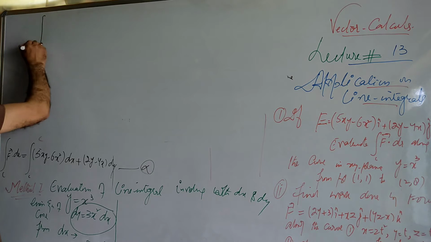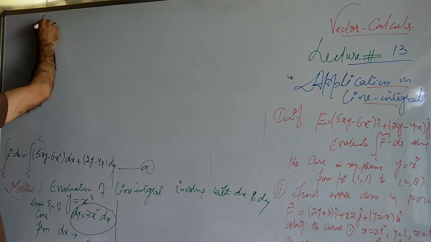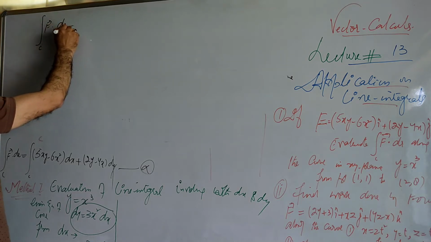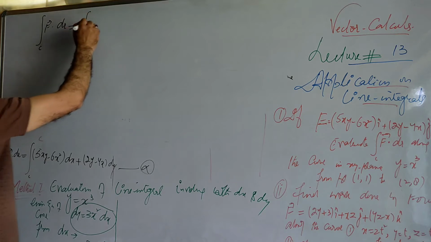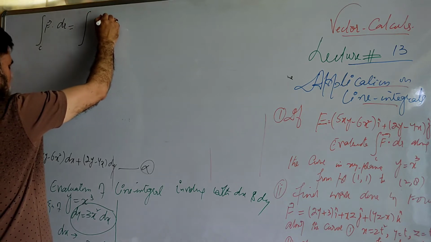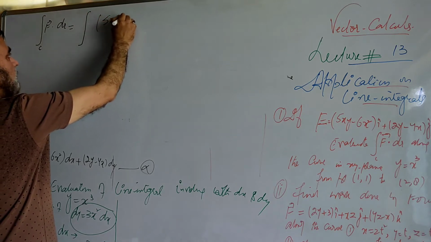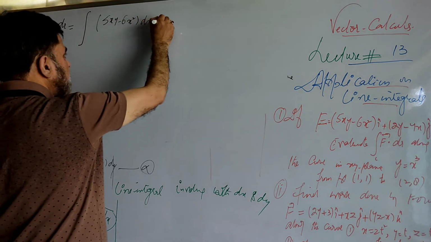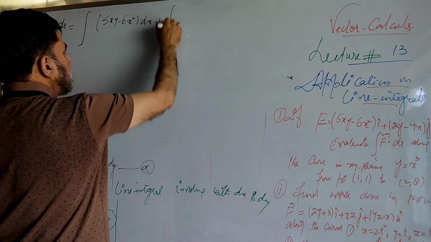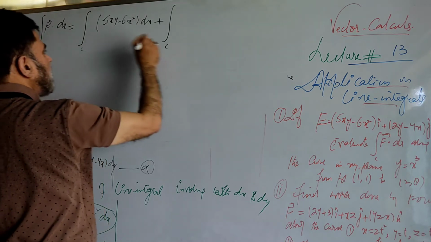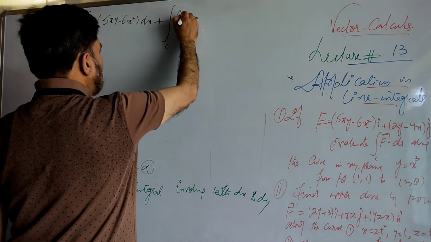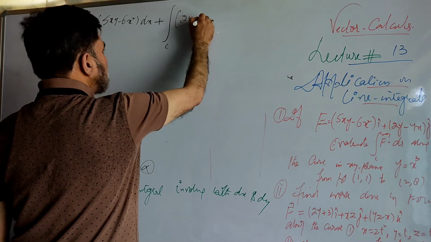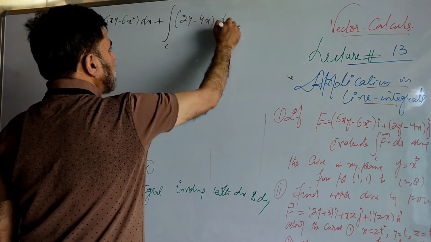So your line integral, integral over C of f dot dr, is equal to the integral of 5xy minus 6x square dx plus the integral over curve C of the other part, 2y minus 4x dy.